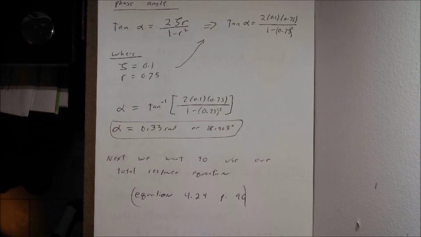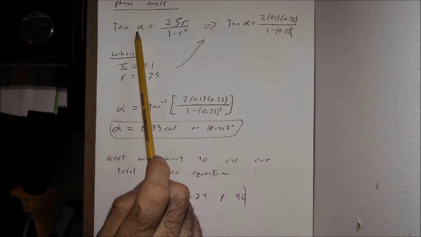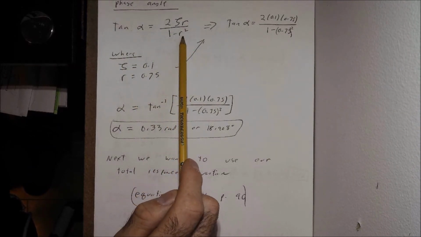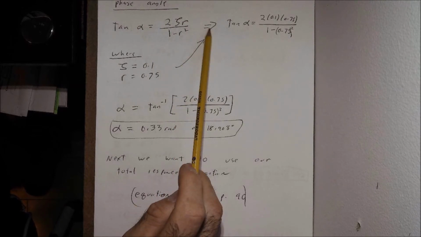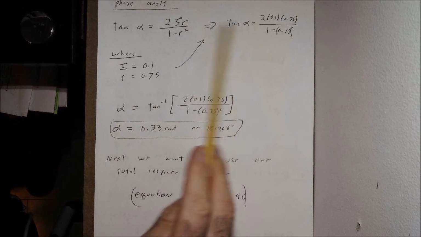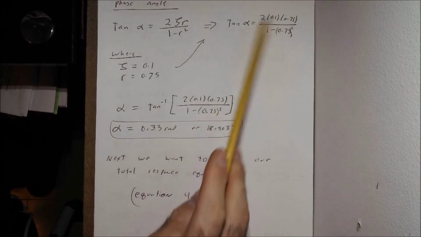So the next thing we need to solve for in our solution here is our phase angle. So we have this relationship that the tangent of our alpha term is equal to 2 zeta r over 1 minus r squared, which we can plug our known values into. We have our zeta term that we have in our problem statement is 0.1, and our r term that we found to be 0.75.